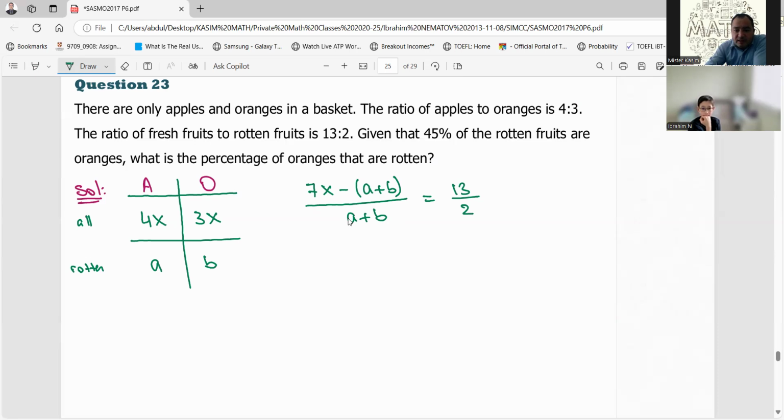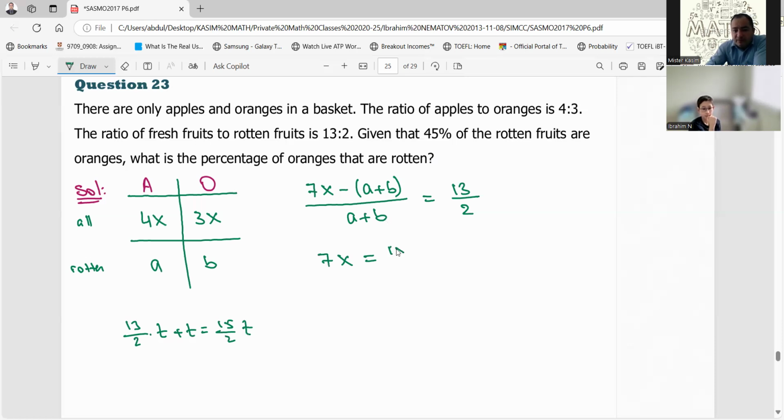Now I can take this a plus b as a single number and move it to the other side. So I have the relationship 7x equals 13 over 2 times t. Moving a plus b to the right-hand side, plus t, which is 15 over 2 t.